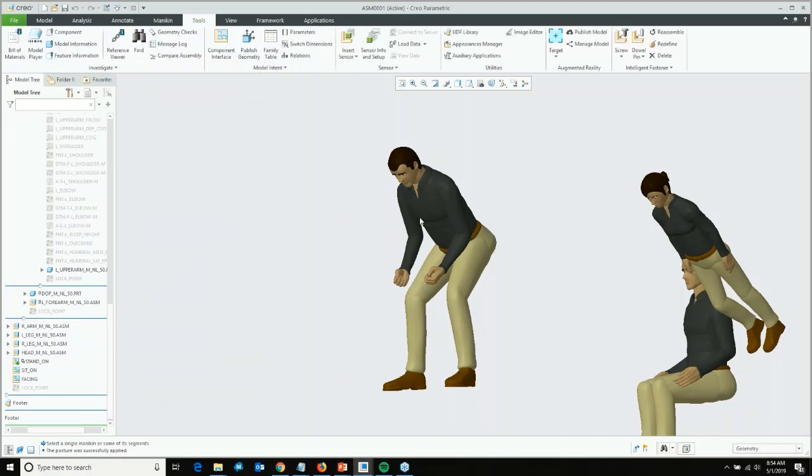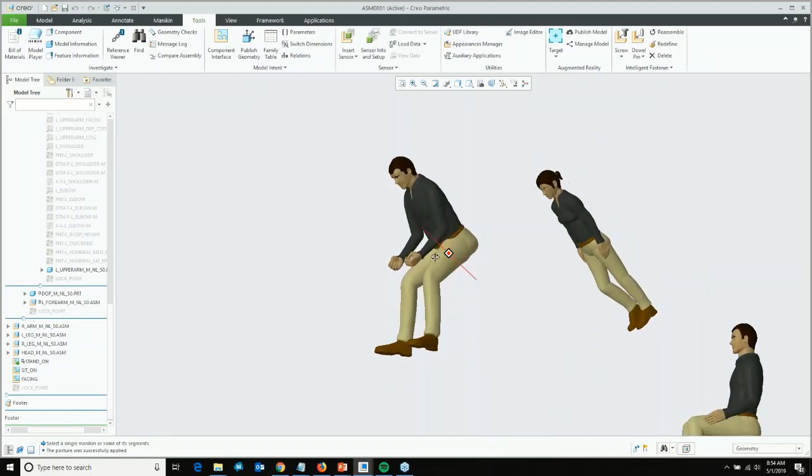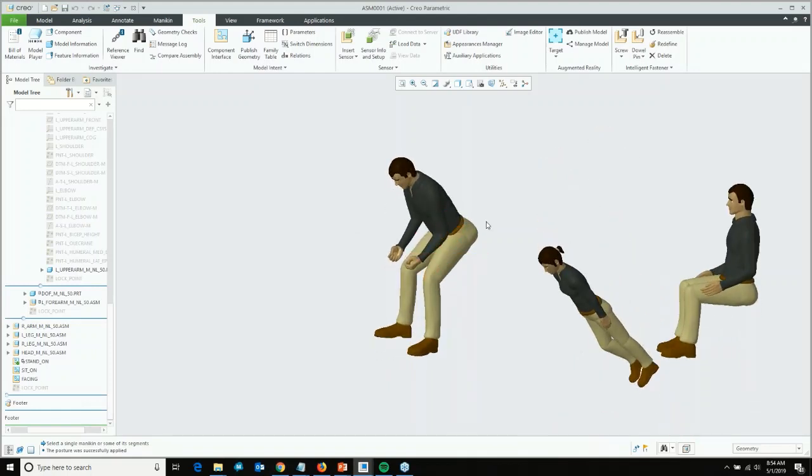You can see it's sort of in a driving position. In this case, the original placement reference also matters. I placed him standing, so it's placing it based on the feet as standing, versus if I placed it sitting, then it would appear more appropriate.